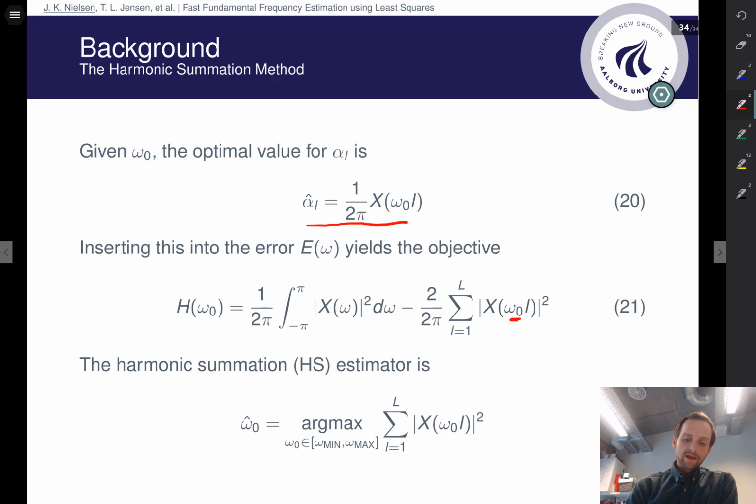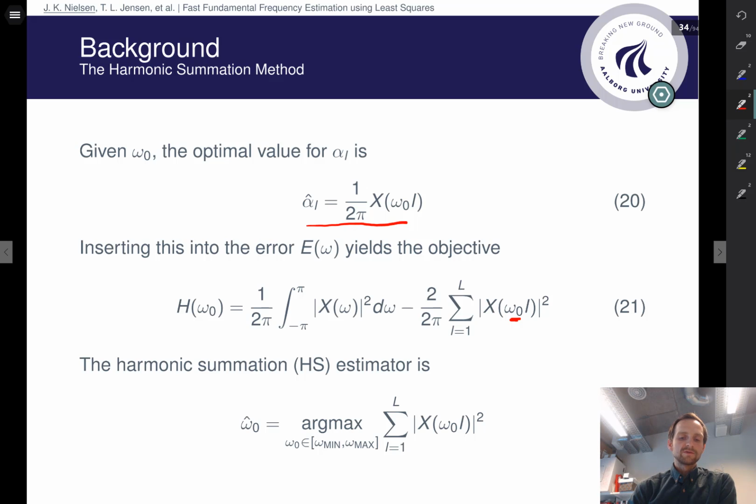You can see here that x is the discrete time Fourier transform of our input signal. If we only have a finite amount of data, then we'll just take the DFT of our input signal, and then we'll take out certain spectral lines in the DFT. So even though this is a non-convex cost function, we can compute it on a grid very efficiently using an FFT algorithm.